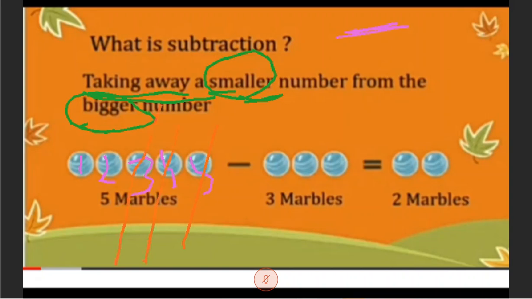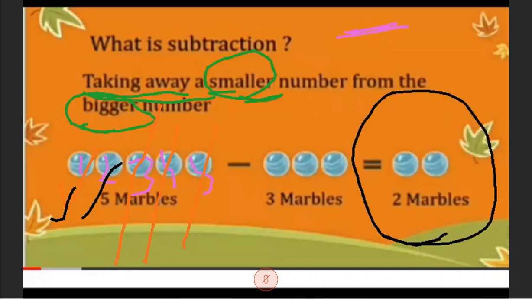So how many are left? Yes, only 2 are left. 1 and 2. So our answer is 2 marbles left. 5 minus 3 is equal to 2. Got it? It's a very simple thing.